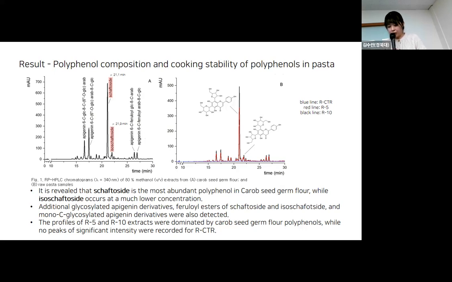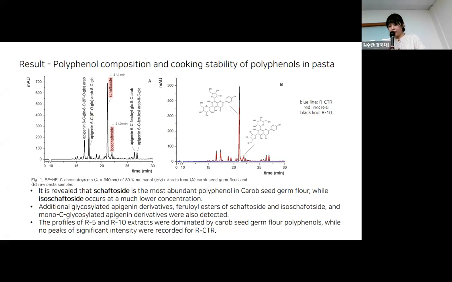So according to the conventional procedure, a portion of the pasta sample underwent cooking in boiling water. So the concerns regarding the thermal-induced decomposition or some partial leaching of polyphenols during cooking, potentially limiting the health-promoting properties of polyphenol-fortified pasta, prompted a primary investigation.